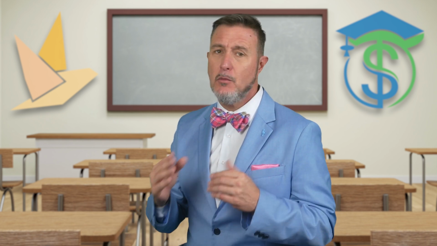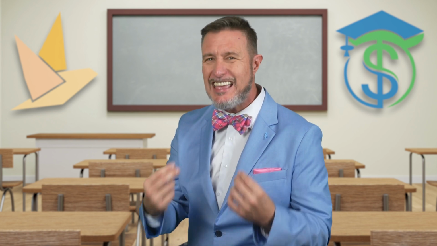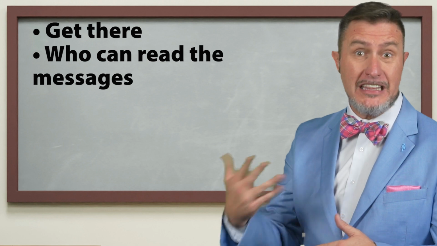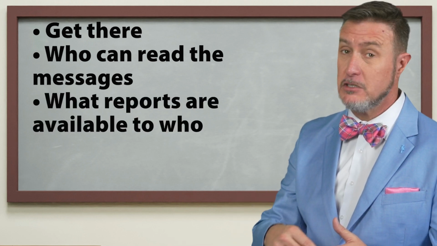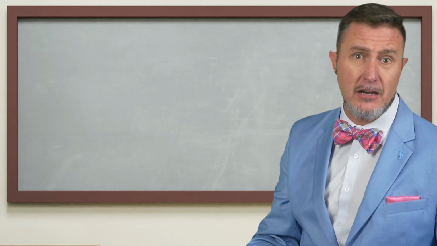Essentially, when someone wants to send or receive a message through FedNow, these profiles and the permissions within them determine how the messages get there, who can read the messages, what reports are available to who, and what they can do with them within the FedNow service.